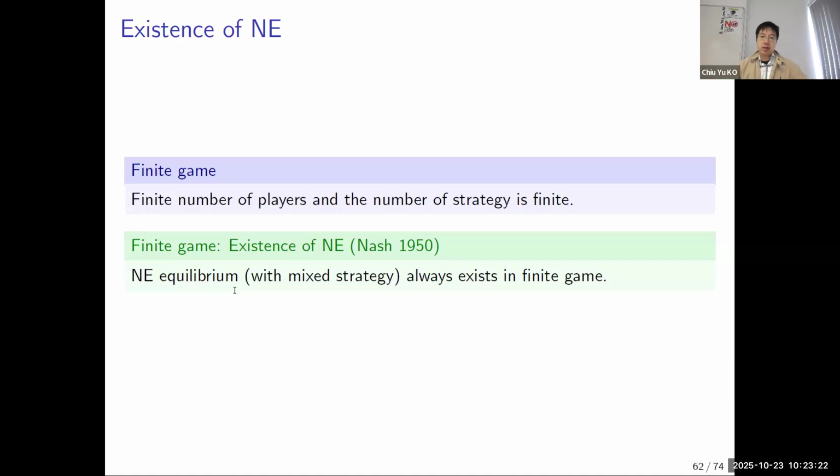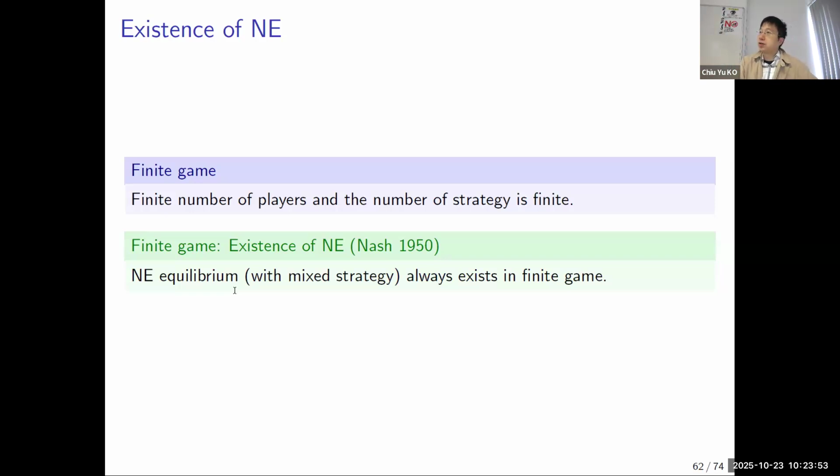Consider the case where we have finite players and finite strategies, which means that you can draw a table. That's the very important result from Nash. Basically, he showed that in every finite game, there will be a Nash equilibrium. That's very important because with that, we eventually can solve the game.